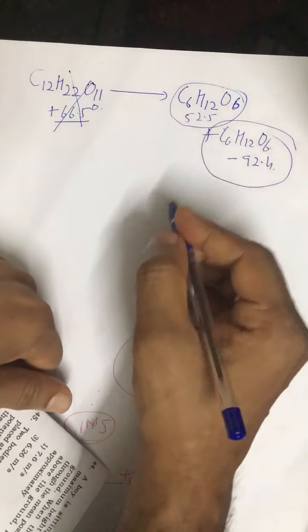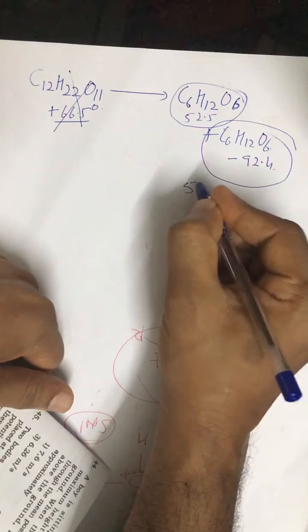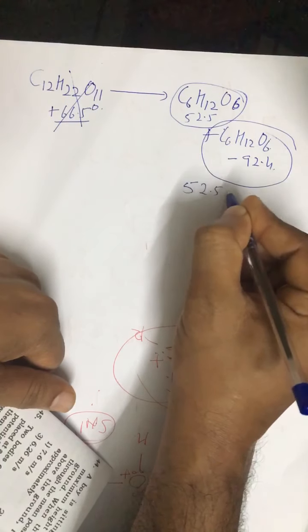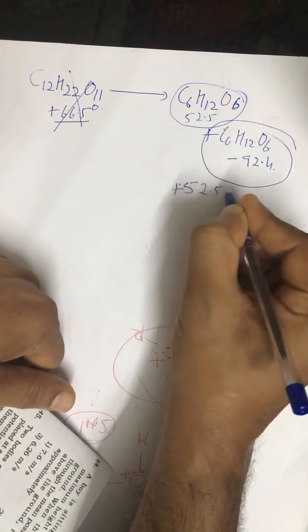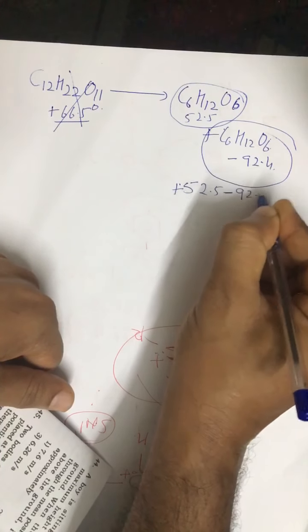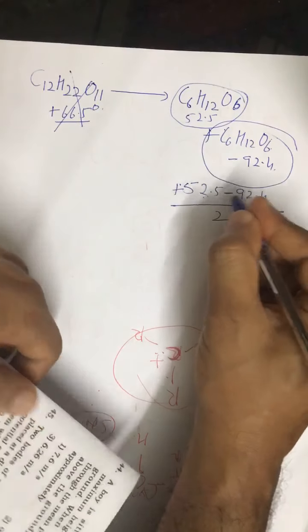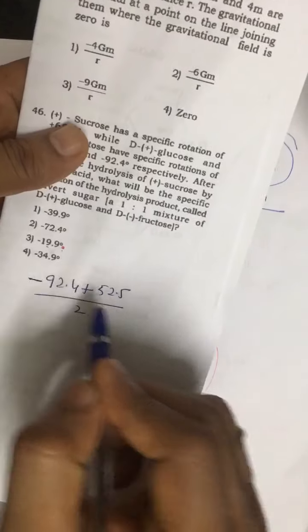So how to find out the rotation of this mixture? It is 52.5 minus 92.4 divided by 2. If you solve this, you get minus 19.9.